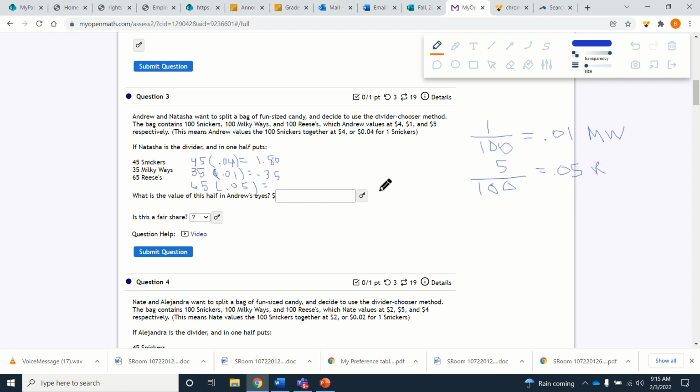That's $3.25. And if we add up all of those, this particular half, so $1.80 plus 35 cents plus $3.25, this is worth $5.40 to Andrew.